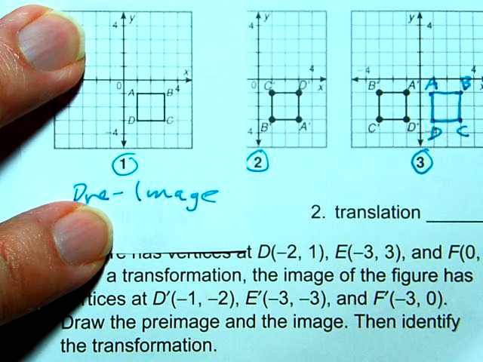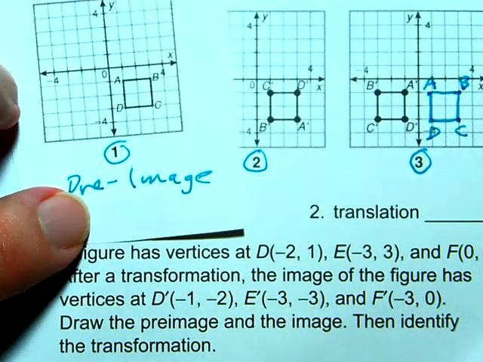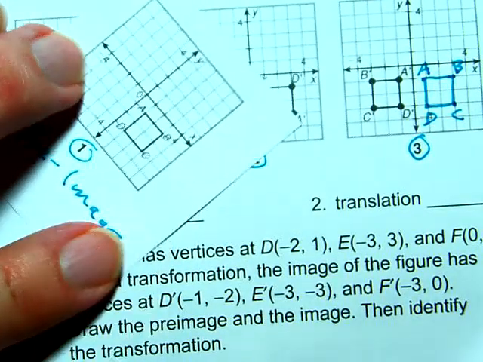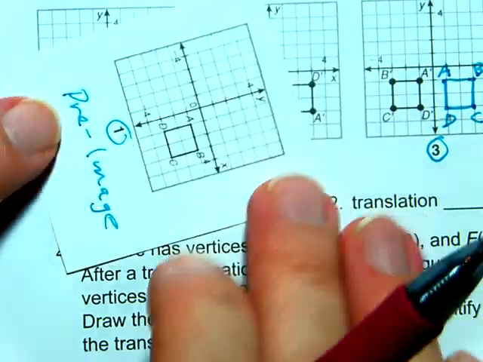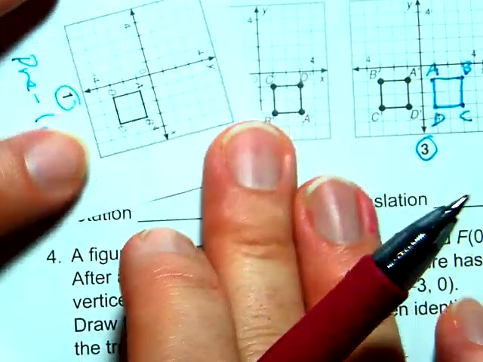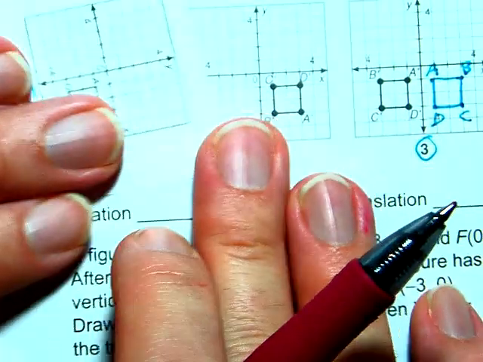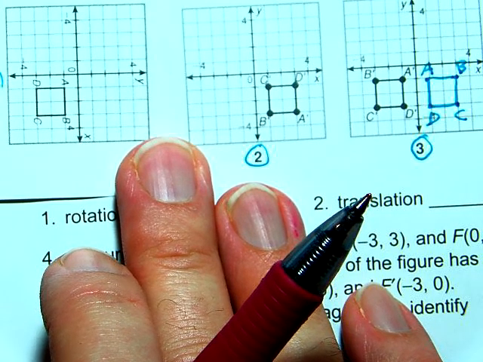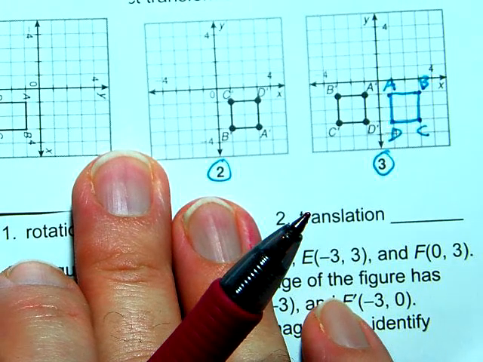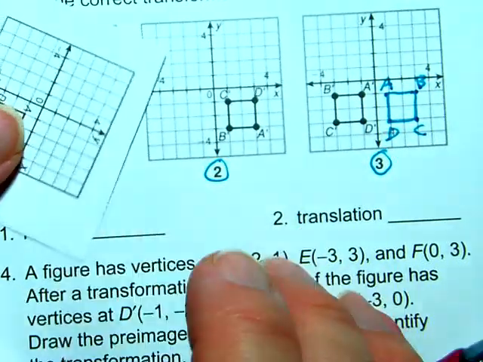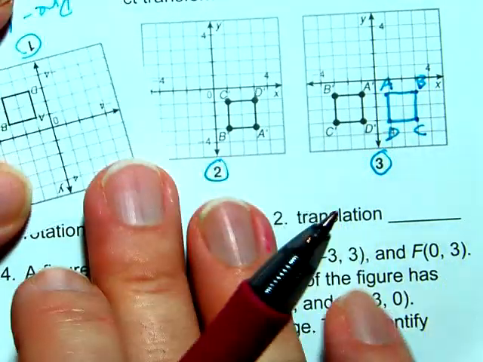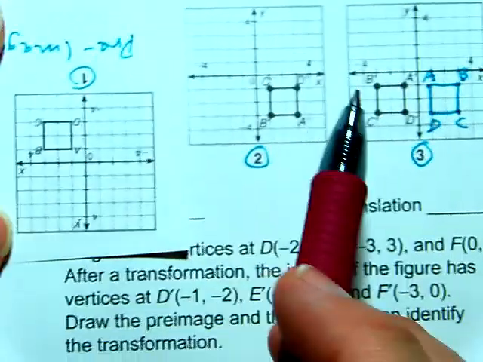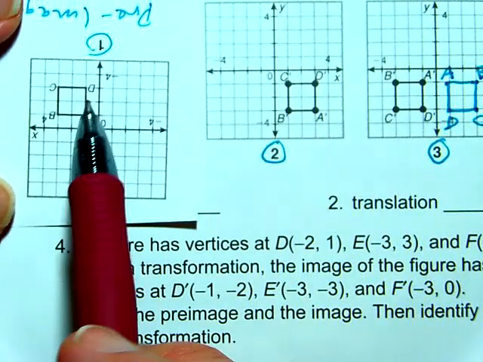So let's see if there's a way we could rotate the pre-image so that we end up with the same orientation of points that we have in number 2. I'm just kind of rotating it around. Let's look at this rotation here. I rotated it 25 degrees clockwise, and the orientation does not match up. Let's keep rotating it. Now I've rotated it 180 degrees, and let's compare the orientation of this pre-image with number 2.